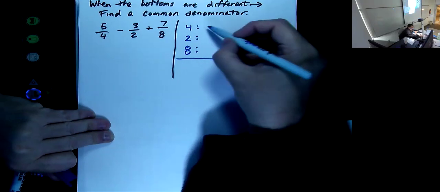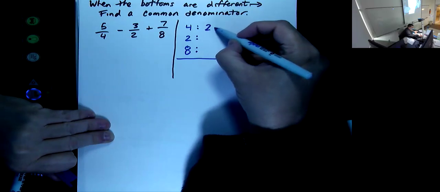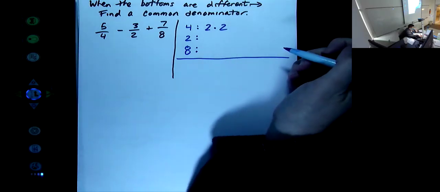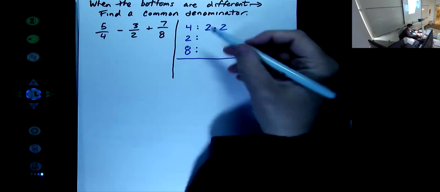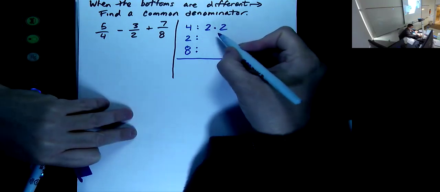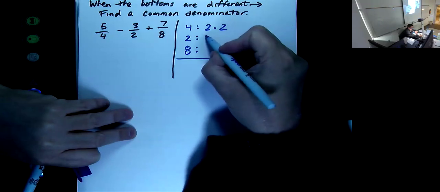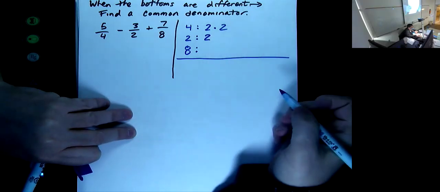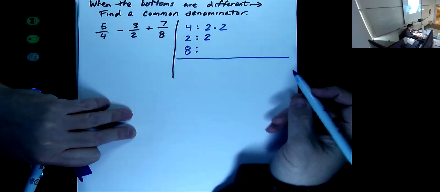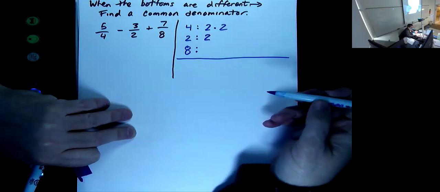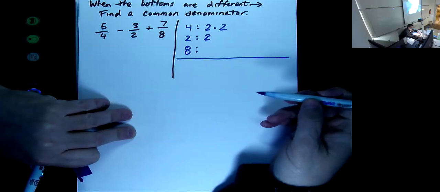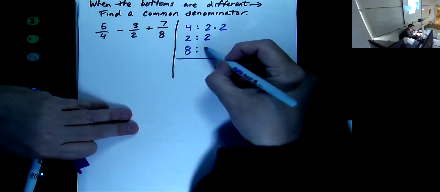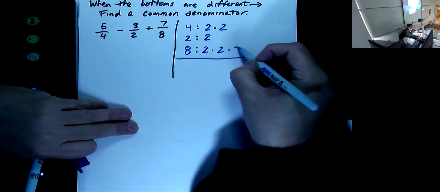I'll start with the first number. 4 is 2 times 2. Two is just 2 times 1. We don't need to put the 1, but I'm going to line up the 2 with another 2 from above. If a number exists in the row above it, right underneath it. 8 is 2 times 4, which is 2 times 2 times 2.